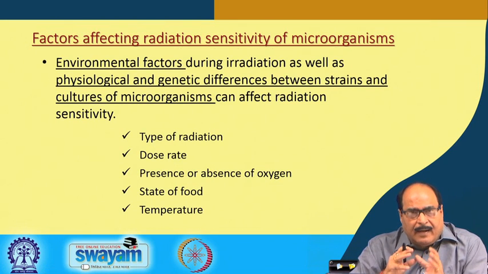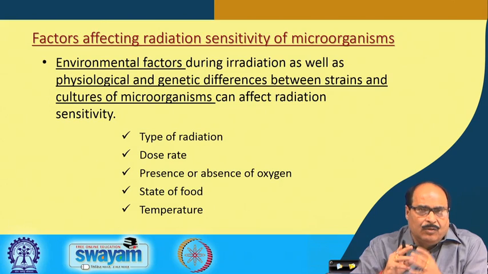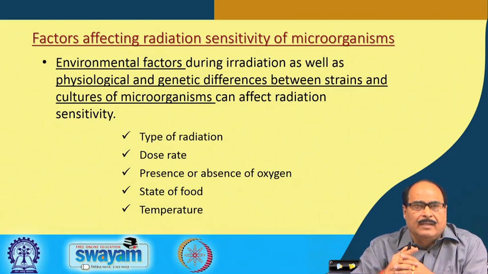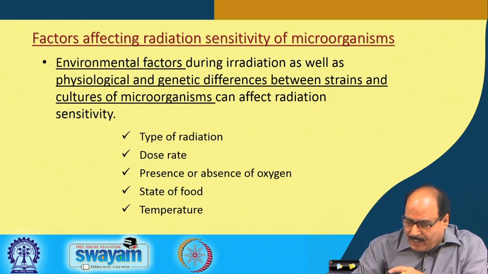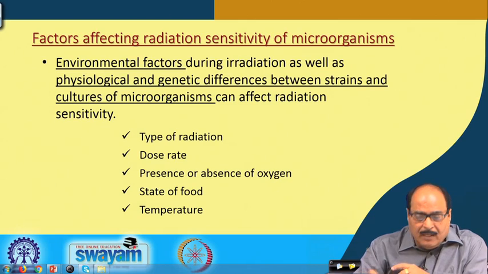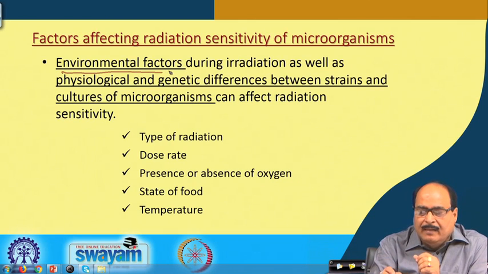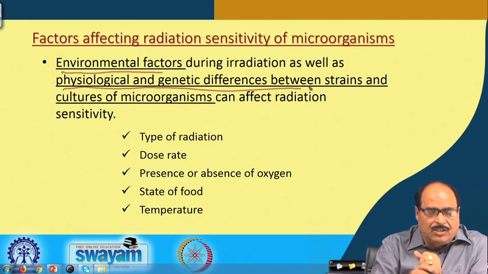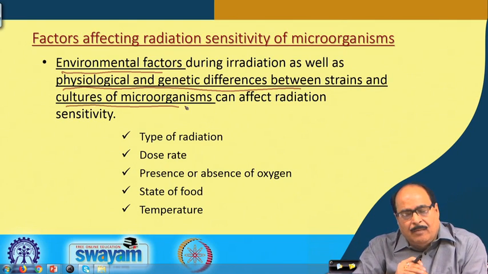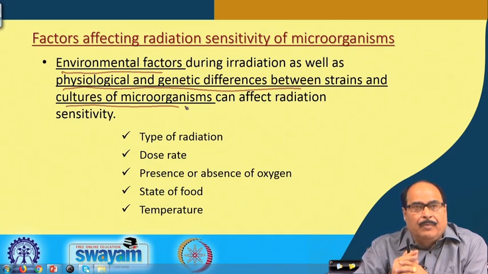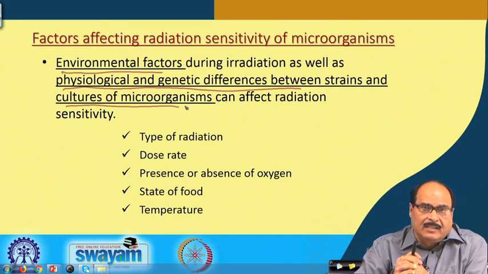Then, to decide the dose given, we need to understand what the different factors are that influence the radiation sensitivity of the microorganisms. As you can see here, both the environmental factors as well as the physiological and genetic differences between the strains and cultures of microorganisms can affect its radiation sensitivity.